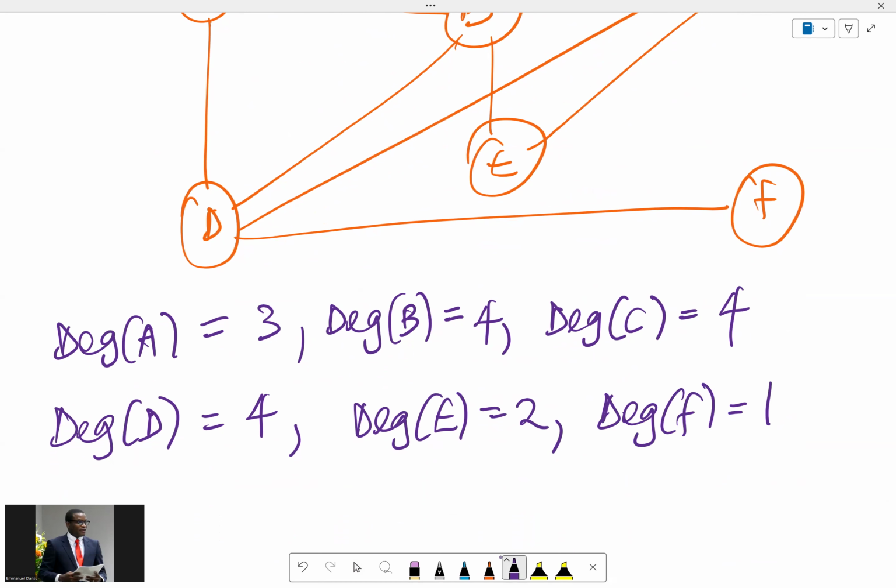So for every pair of non-adjacent vertices, the sum of their degrees must be at least 6.